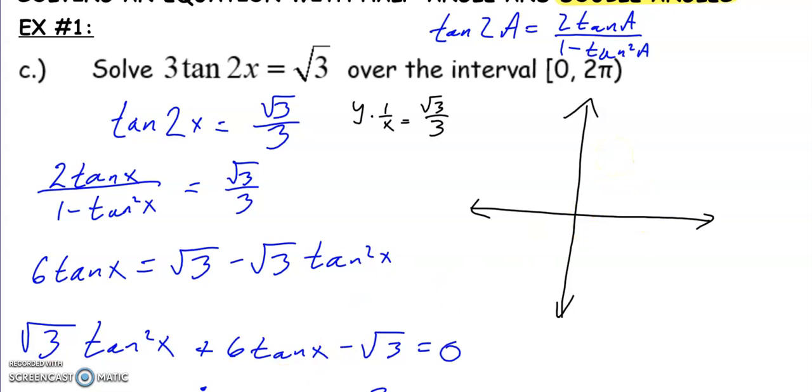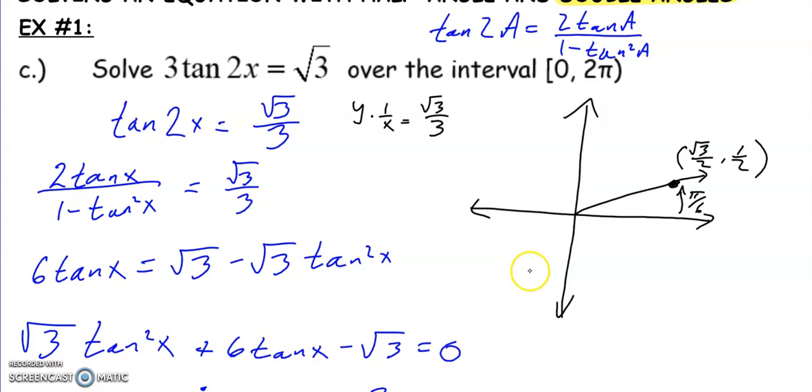There we go. That's going to be right here, since we're in radians, with the reference angle of pi over 6. So when we are at pi over 6, that's going to be the point radical 3 over 2 and 1/2.